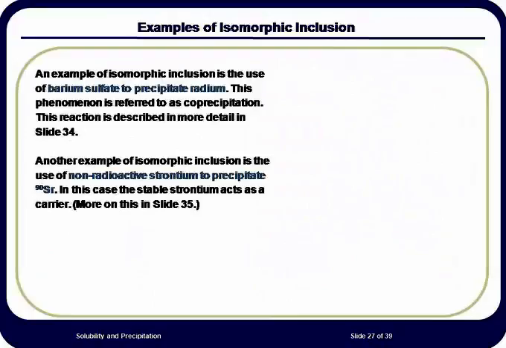An example of a perfect isomorphic inclusion would be the use of non-radioactive strontium to precipitate strontium-90 as a carbonate. In this case, the strontium is exactly the same size and charge and chemically the same. The stable strontium acts as a carrier to overcome the KSP, and the strontium-90 does precipitate.